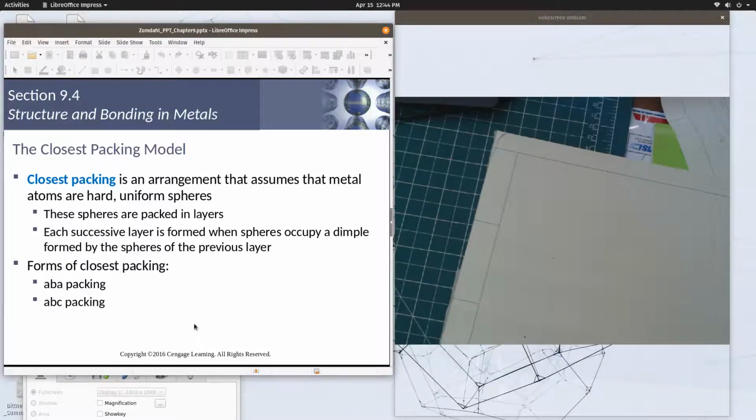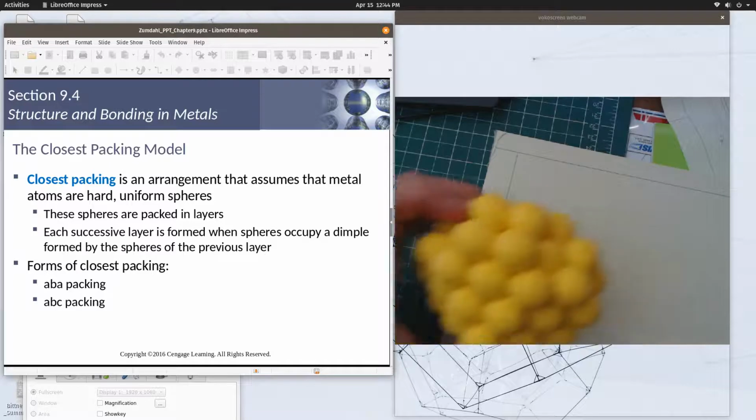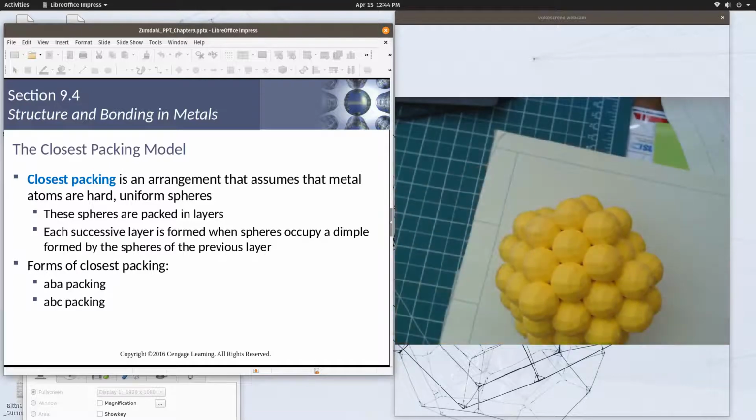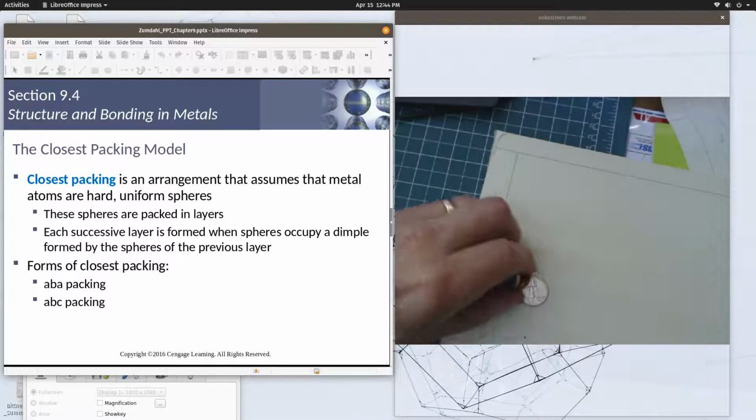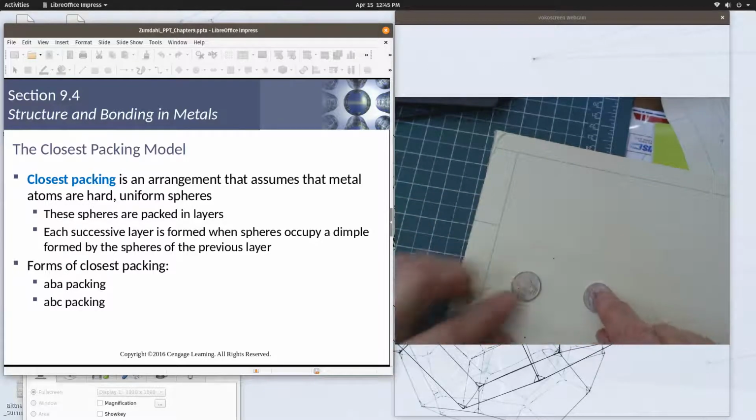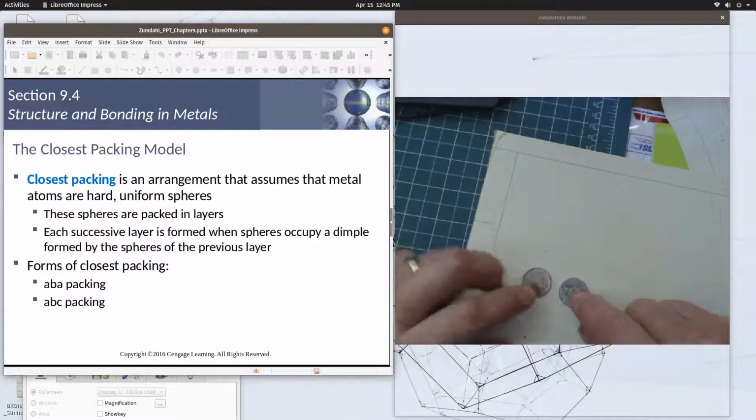In the closest packing model, we assume that the atoms themselves are hard spheres, as if I'm taking my coins and assuming that these are hard spheres, hard disks, and I can't mush them together anymore.